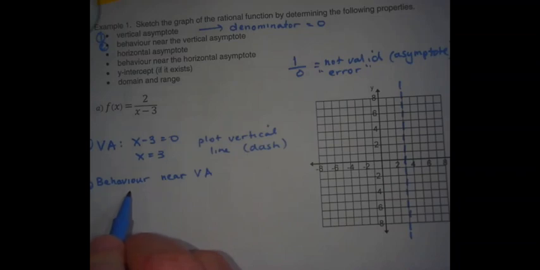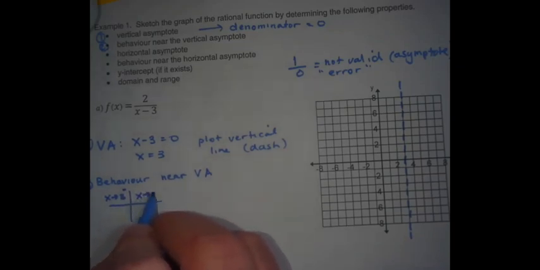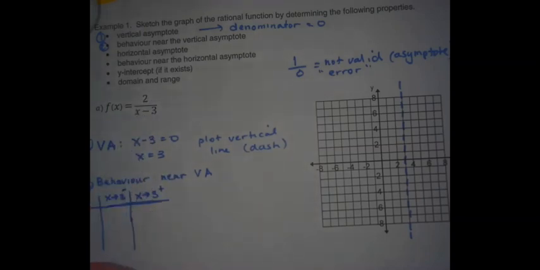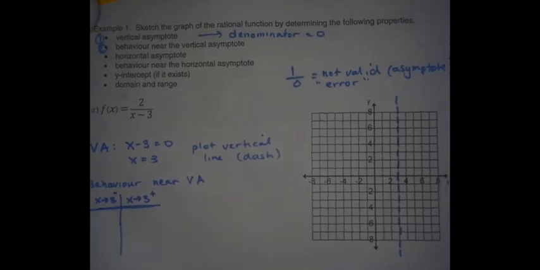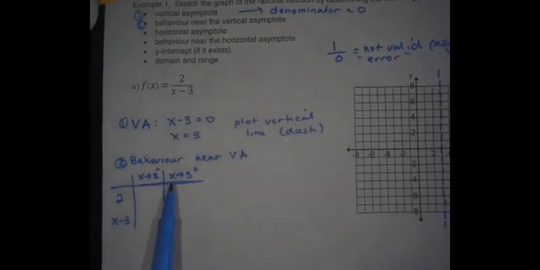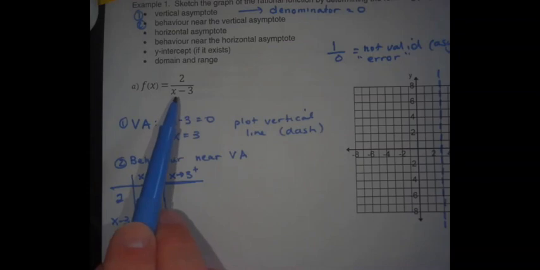We look at two ranges, where we approach x at 3 on the negative side, so just a little bit smaller, and where we approach 3 on the positive side. Then we look at all of our factors that we had before. All of our factors are 2 and x minus 3. Those are the pieces of my function that I have up here.